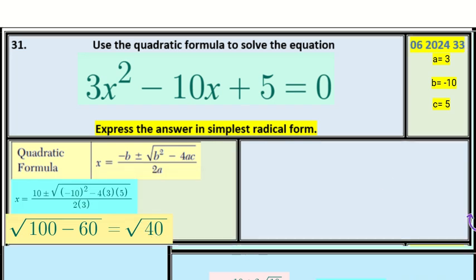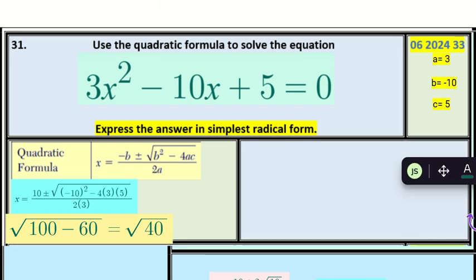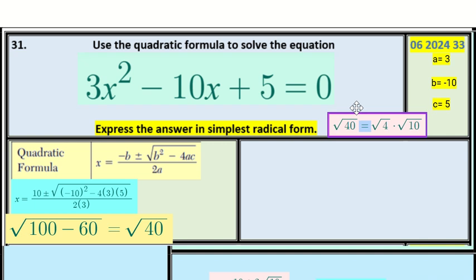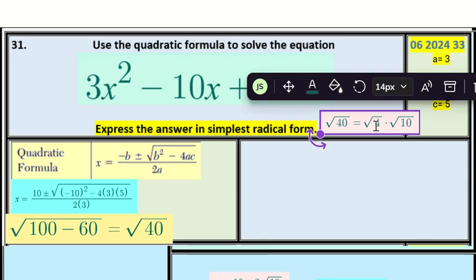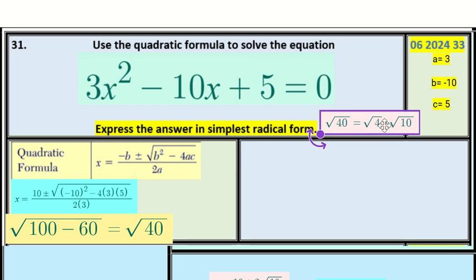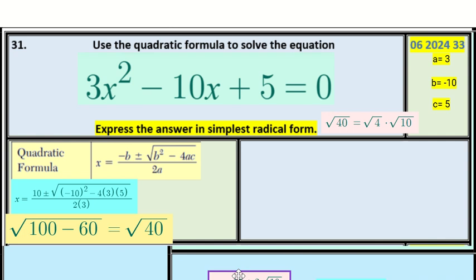Now, when we're dealing with the square root of 40, that's really the square root of 4 times the square root of 10. So now when we think about these two square roots, we're getting out the biggest perfect square we can. We can take the square root of 4 and get 2. So our new discriminant is 2 square root 10.